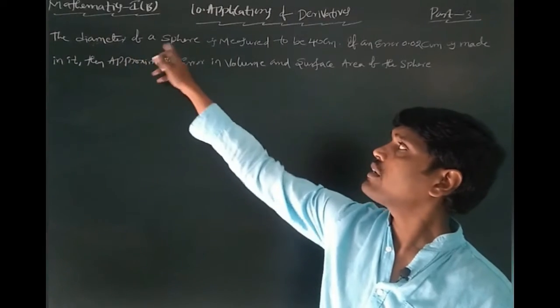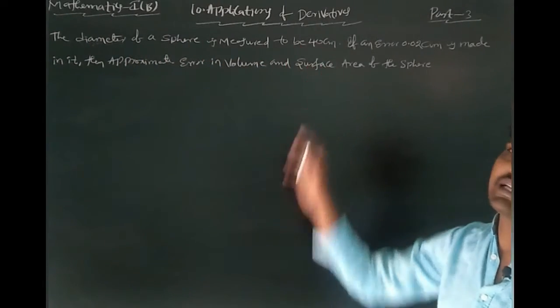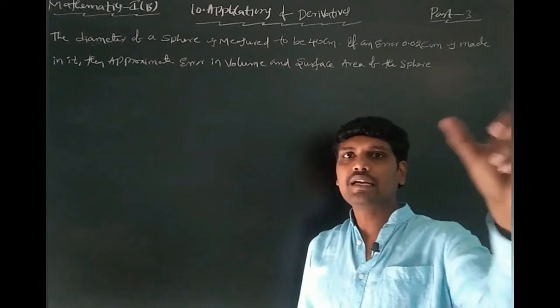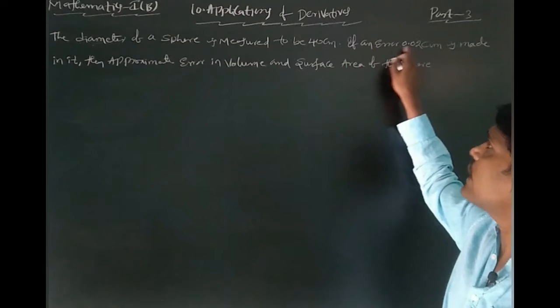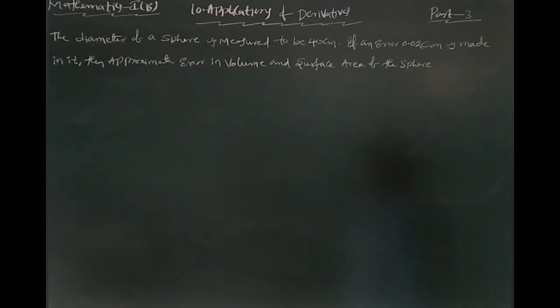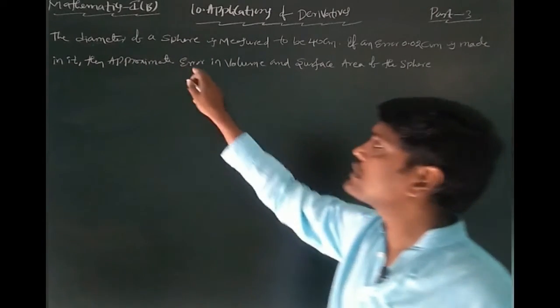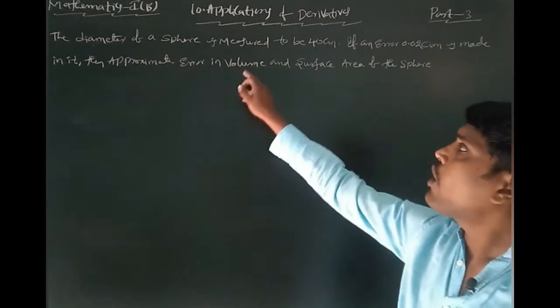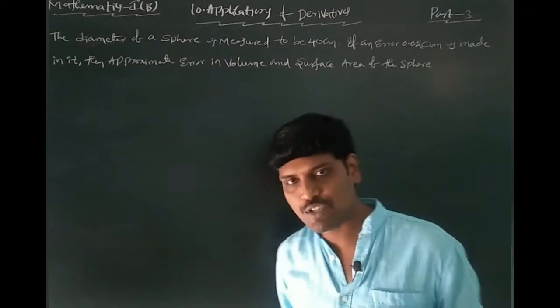The diameter of a sphere is measured to be 40 centimeters. If an error of 0.02 centimeters is made in it, find the approximate error in the volume of the sphere and the surface area of the sphere.